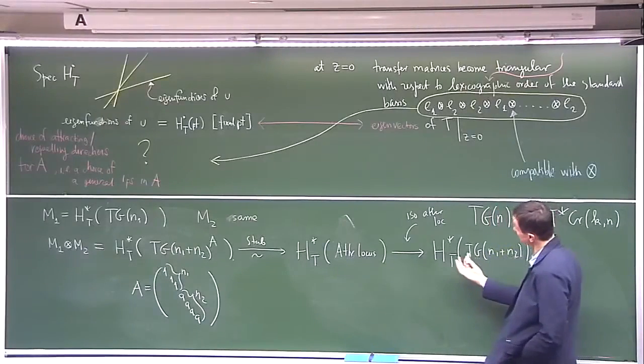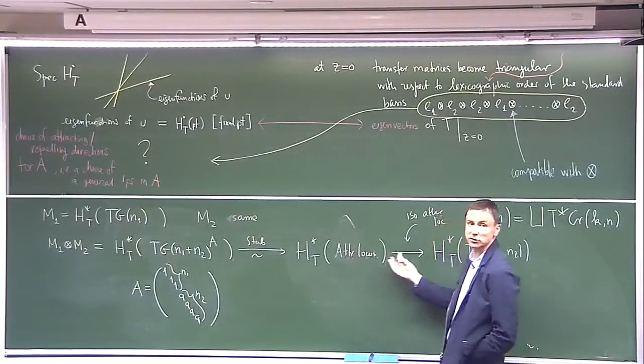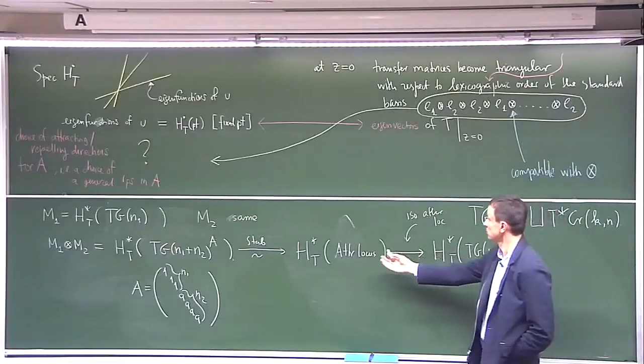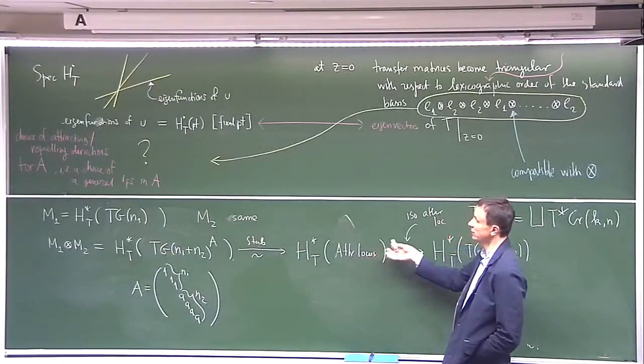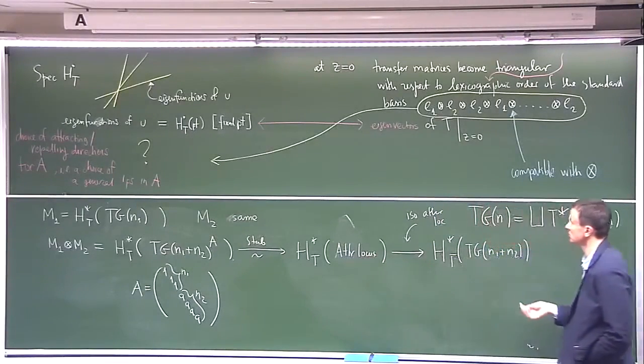As I said, this notion that the tensor product is cohomology of attracting locus already played a very important role in Nakajima's work.